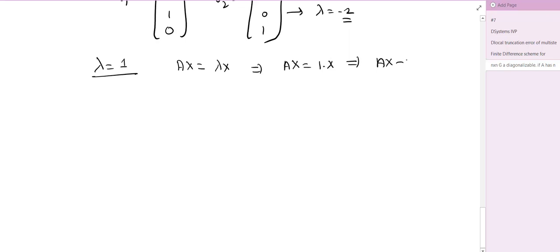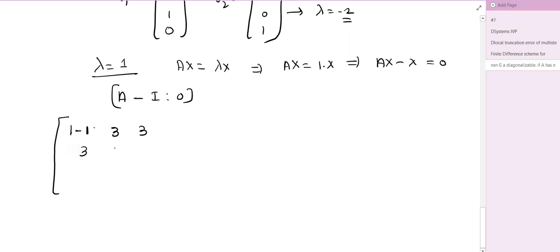It is nothing but A minus I augmenting with 0 that will be your matrix. A minus I is simply the given matrix itself. So it is simply 1 minus 1, 3, 3, so minus 3, then minus 5, minus 1, minus 3.